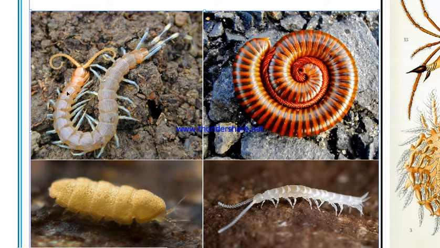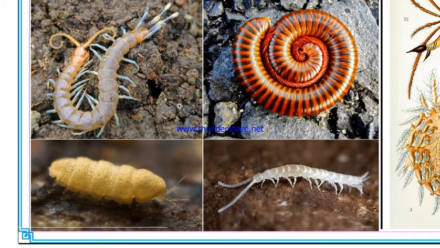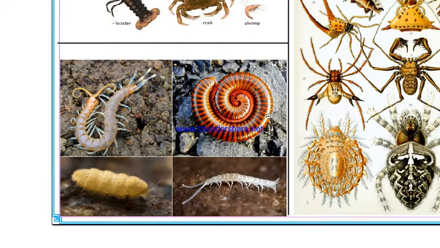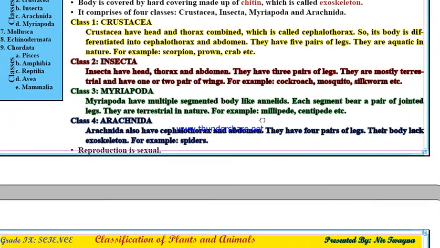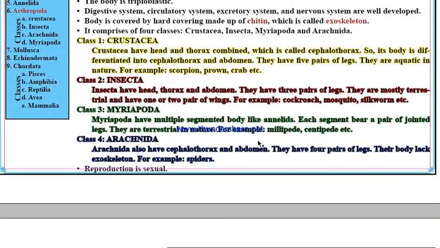Their body is overall divided into several segments, and from each segment a pair of appendages comes out. So they have as many pairs of legs as the number of segments they have. They are also mostly terrestrial, although some could be aquatic as well.